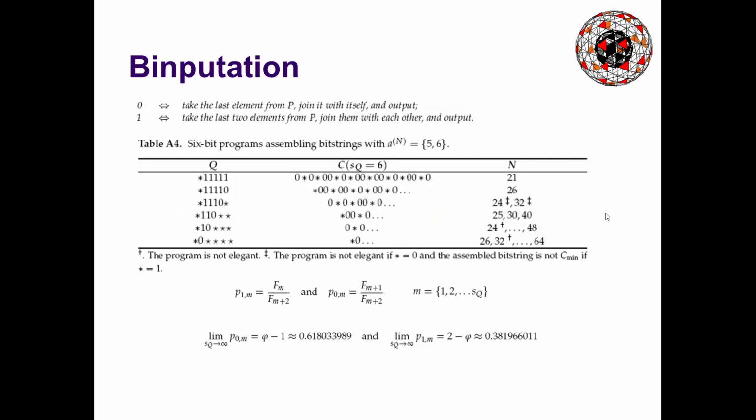Then we consider something I call binputation: if we have basic symbols in the assembly pool, 0 and 1, then we can define only 2 commands for a binary program. The first would be to take the last element from the assembly pool, join it with itself and output, and the other would be to take the last 2 elements from the pool.